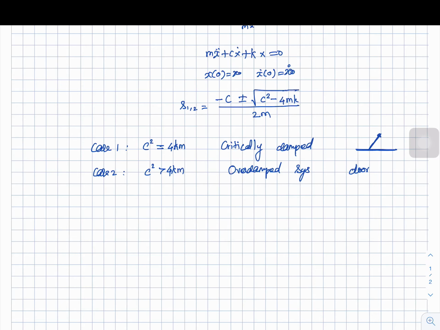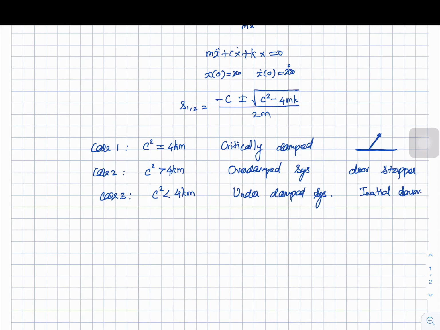Typically some inertial sensors come into this region, and even some buildings and a lot of other things, where we need the system to be under damped.